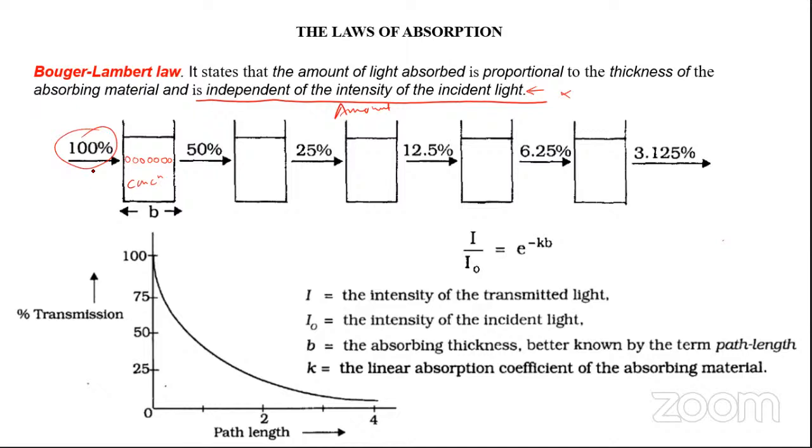In the first situation, the amount of light incident was 100%, the amount of light coming out was 50%, right? Right, sir. Now, in the second step, the amount of light incident was 50%, the amount of light transmitted out was 25%. What is happening?